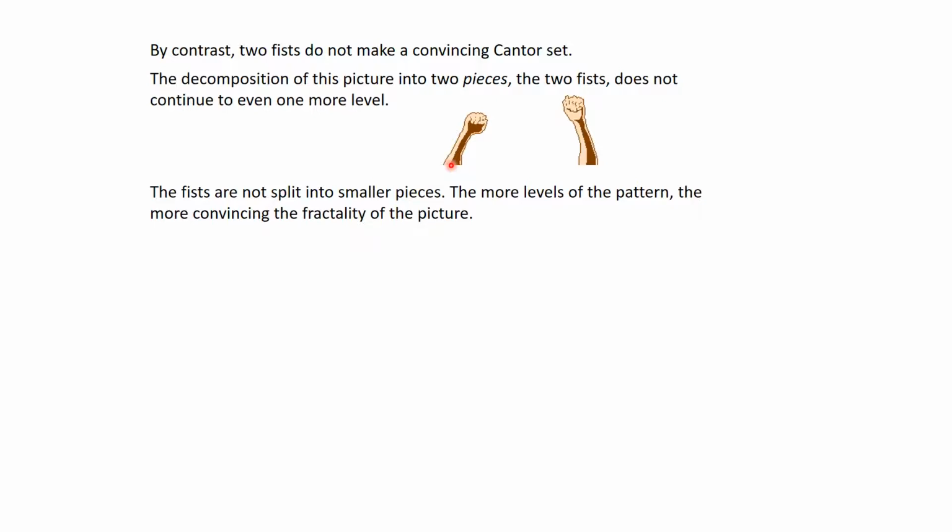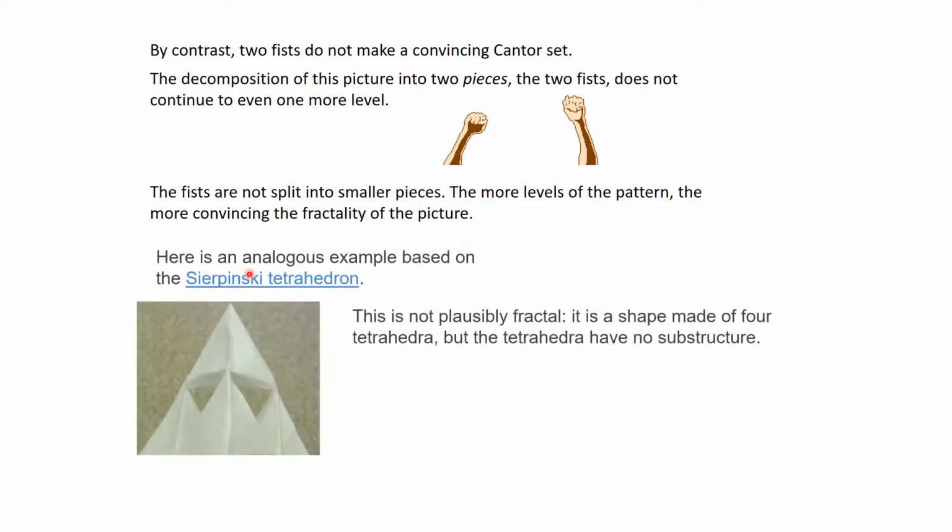To claim that something is a fractal, we have to see splitting into smaller pieces. The more levels of the pattern, the more convincing the fractality of the picture. Similarly here, it's an example based on Sierpinski's tetrahedron, a 3-dimensional Sierpinski gasket sort of thing. If you look at this, there are 4 pyramids, 3 on the bottom and 1 on the top, and the whole thing also looks like a pyramid.